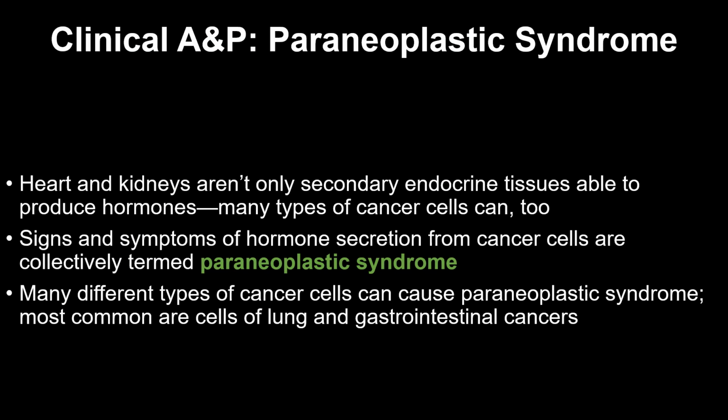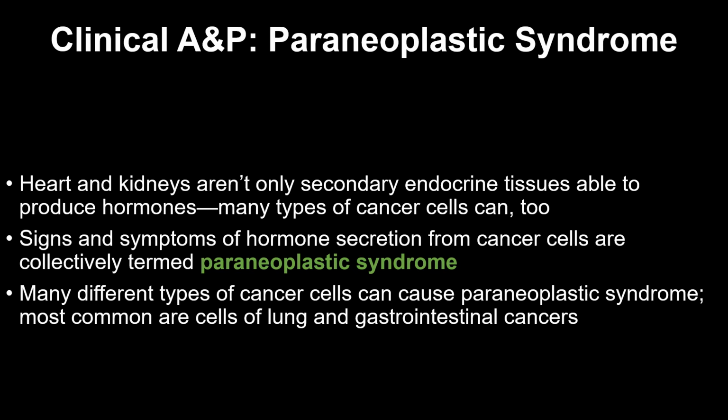Now, as I said, the heart and kidneys aren't the only secondary endocrine tissues able to produce hormones. Cancer cells can too. The signs and symptoms of this paraneoplastic syndrome are a sort of collective accompaniment of hormone secretion from these cancer cells, with many different types of cancer cells causing paraneoplastic syndrome.